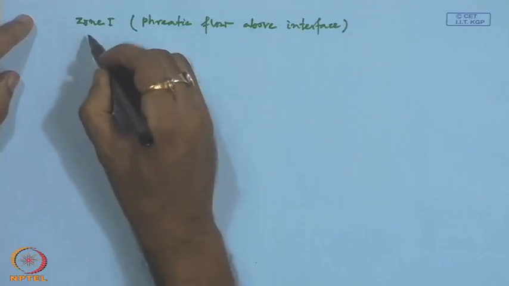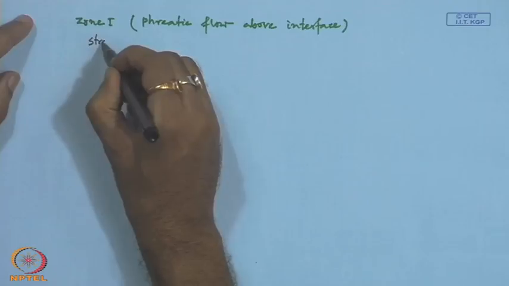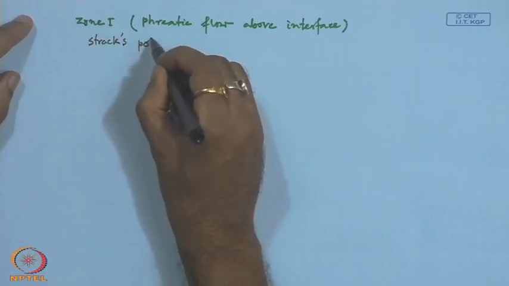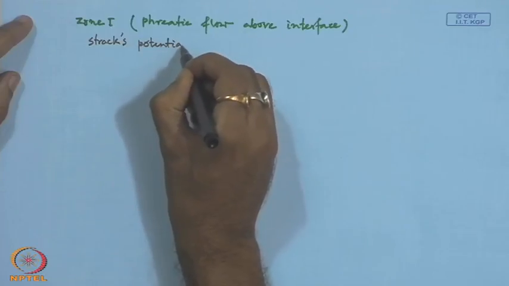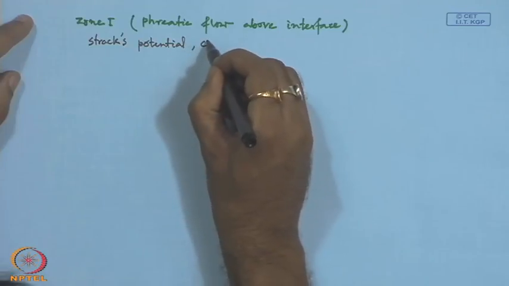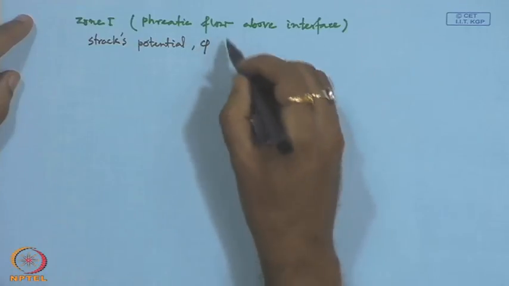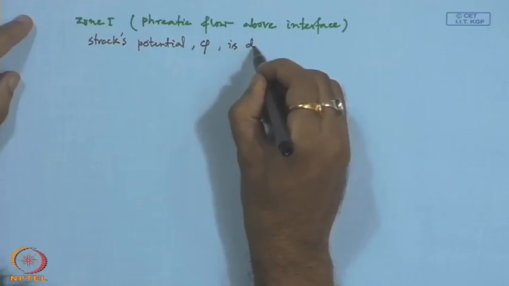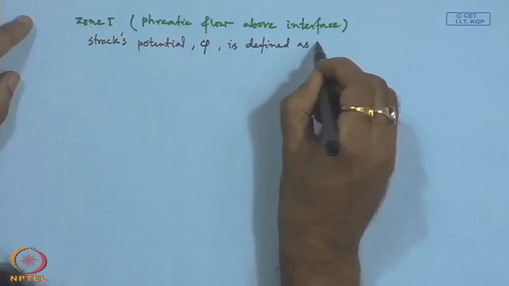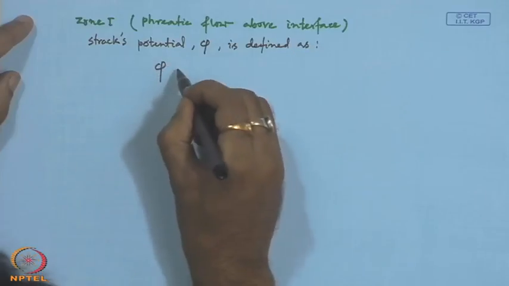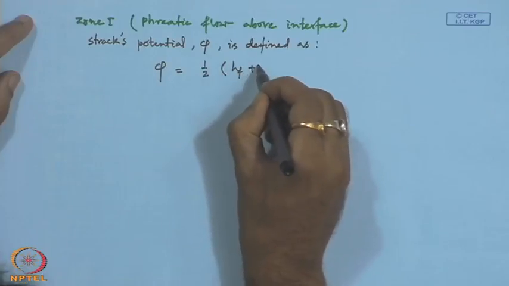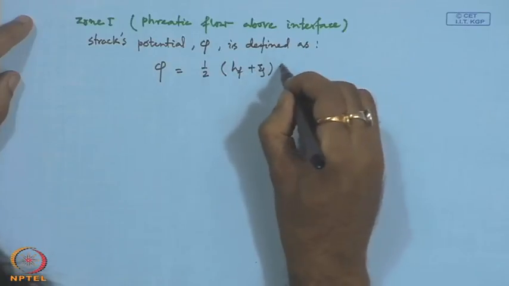In this case, Strack's potential phi is defined as equal to HF plus xi into HF.